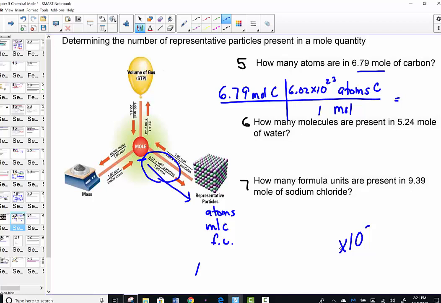So, yes, it will be. Let's solve it and make sure we get a common answer. My key sequence on my calculator, I have a Texas Instrument, would look like this. It would be 6.79 times 6.02, and then I have to press second function.